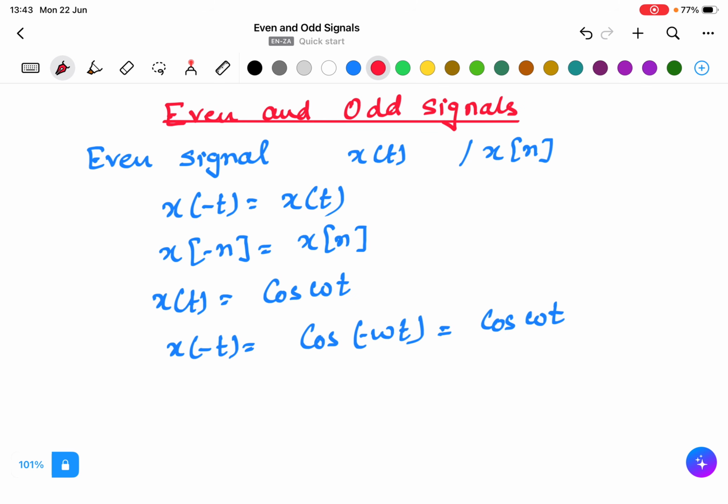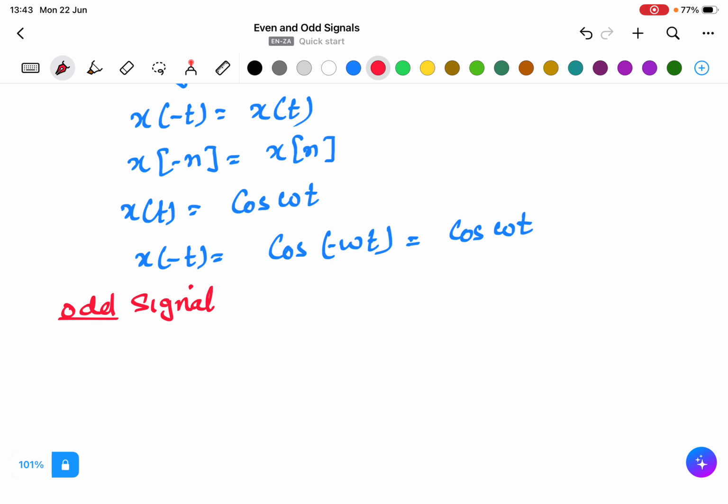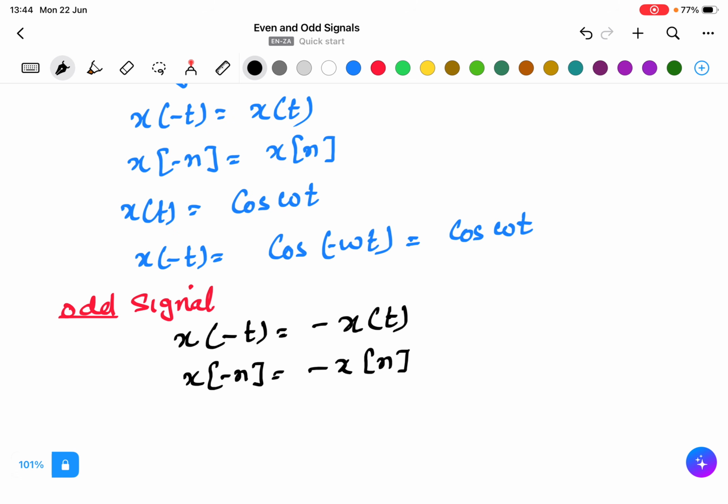Now, odd signal. If signal x of minus t is equal to minus of x of t, or in discrete time domain x of minus n is equal to minus of x of n, then it's an odd signal.